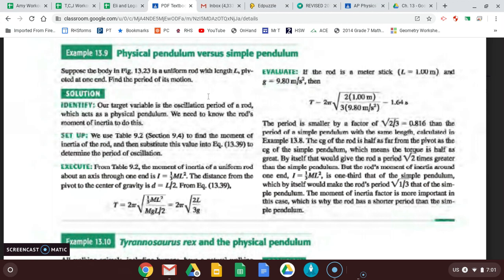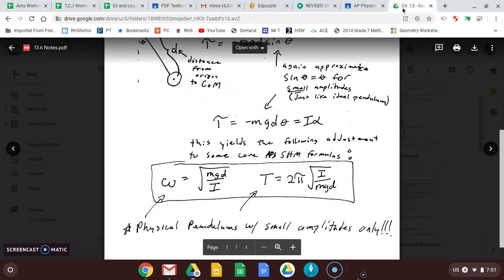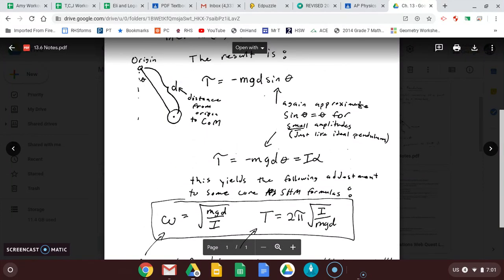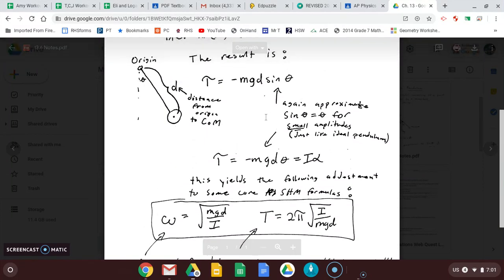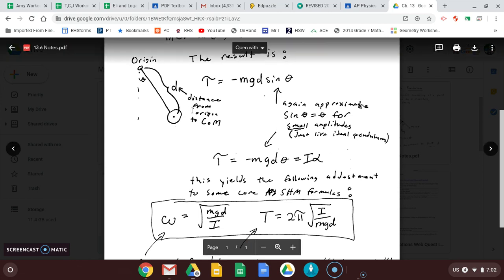Another key feature of this, let me flip back to the original formula here. Since there is not a mass at the end, all right, let's look at the original example where we had a mass at the end of this physical pendulum. The center of mass from the origin is what d is defined as.